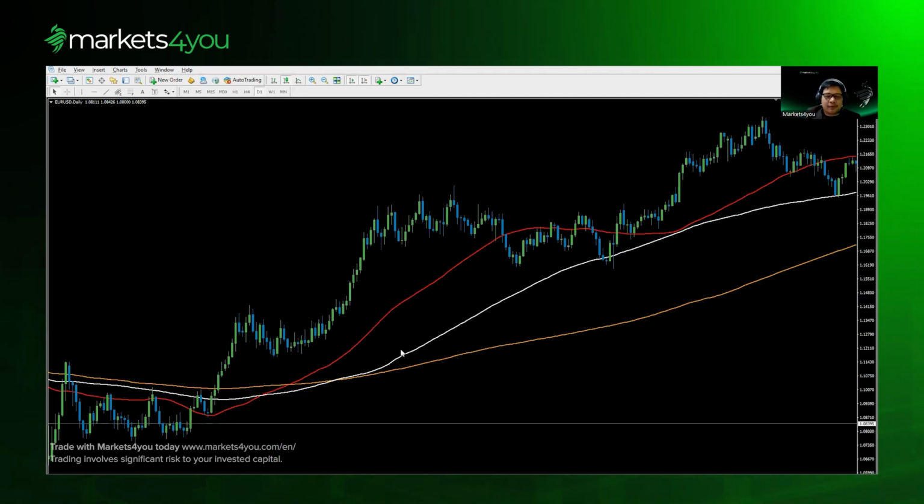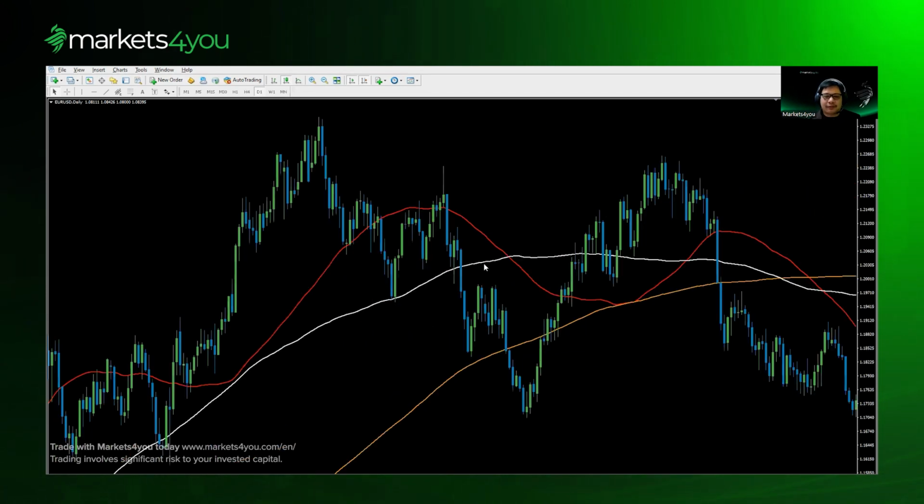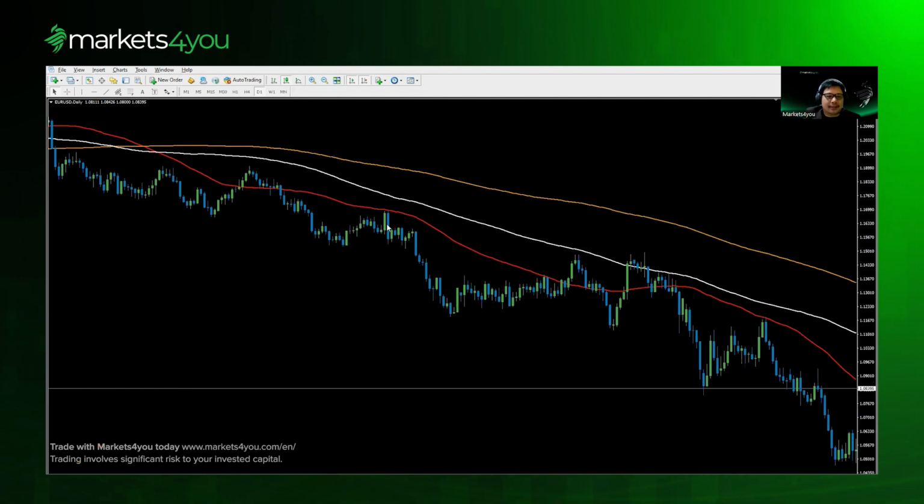When the short-term moving average is moving above the medium-term moving average, and the medium term is moving above the longer-term moving average, then we can say that the trend is in a strong uptrend. Meanwhile, in this example the short-term moving average, or 50 period moving average, is below the medium-term 100 period moving average, and the 100 period moving average is below the 200 period moving average as the long term.